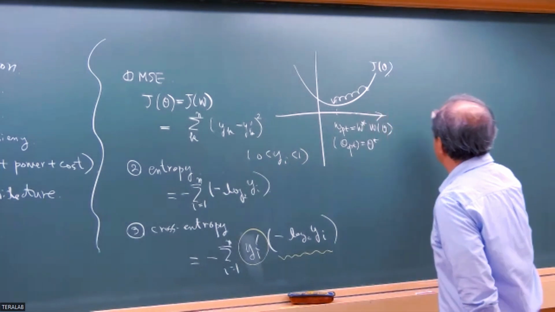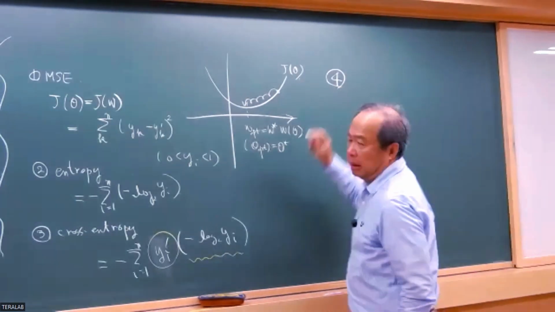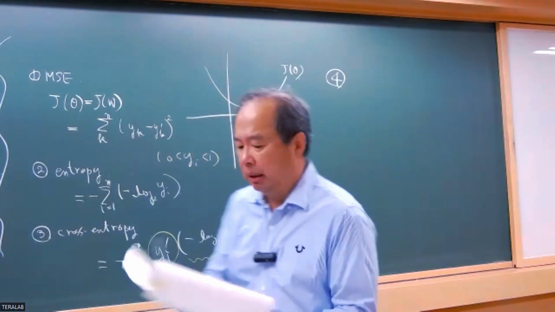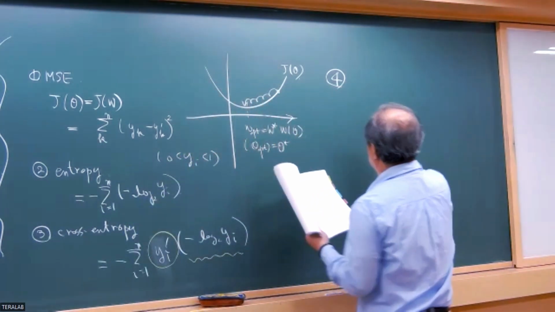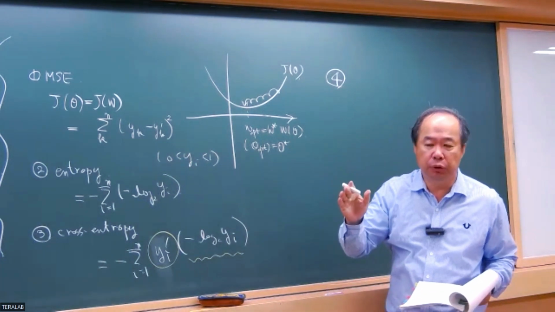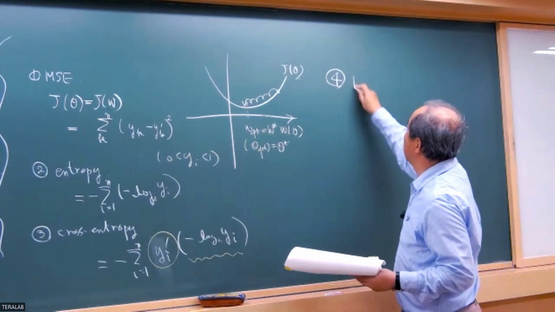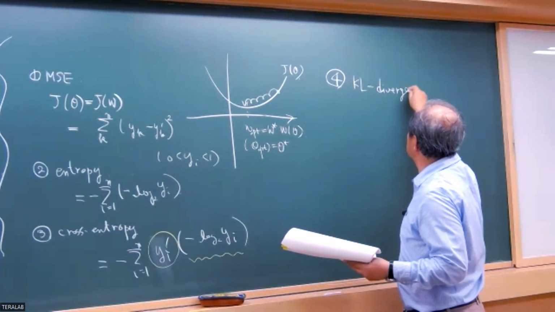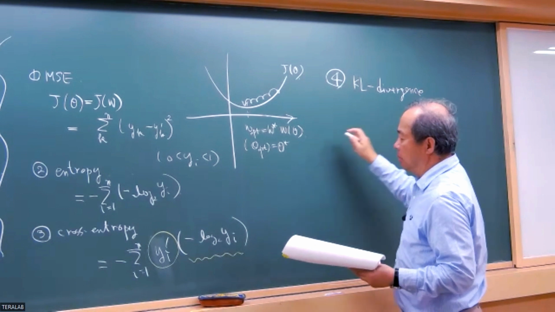The first loss function commonly used in generative AI is KL divergence.